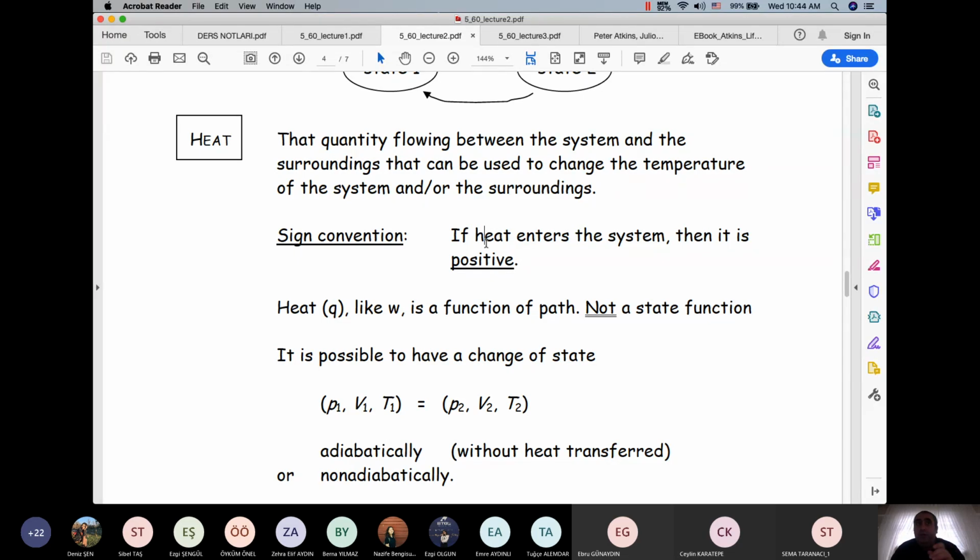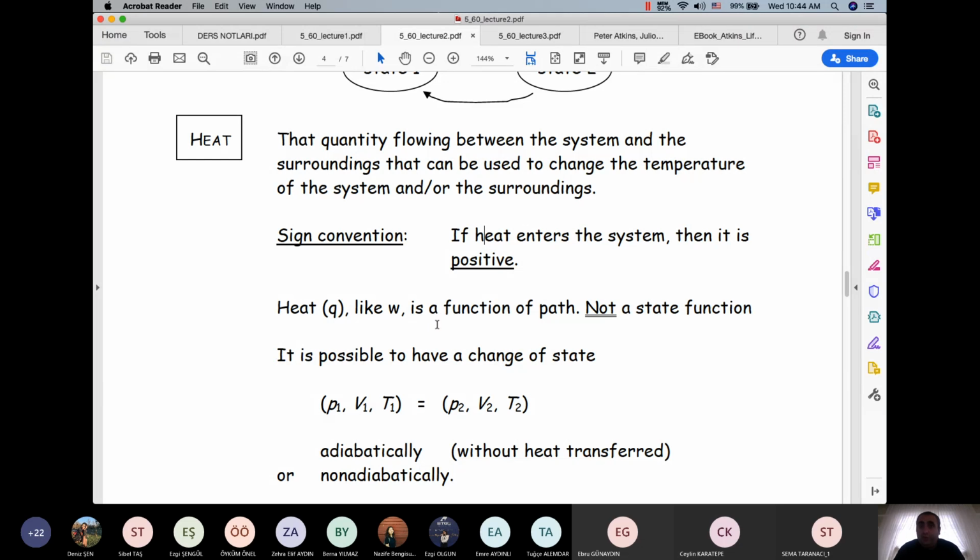If you isolate the system for heat exchange, that doesn't mean that the temperature inside the system is going to be the same after some physical change. You can have a system where you don't put any heat from surrounding, or you don't remove any heat from the system, but the system may still get hot. This is very important.